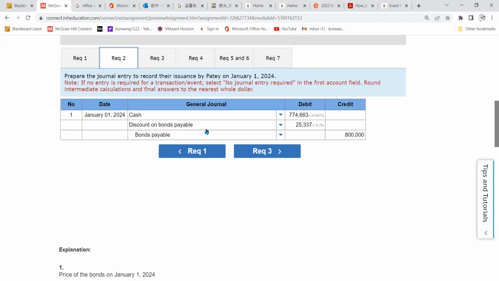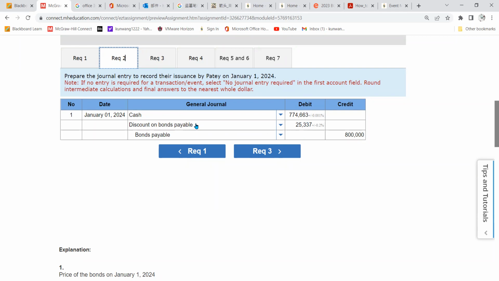For seller, discount or premium. For buyer, discount or premium. And this is for discount. Initially, when you sell, the cash you receive is always lower than the face value because that's a discount. So the initial discount should appear on the debit side to make the journal entry balanced because we need something on the debit.